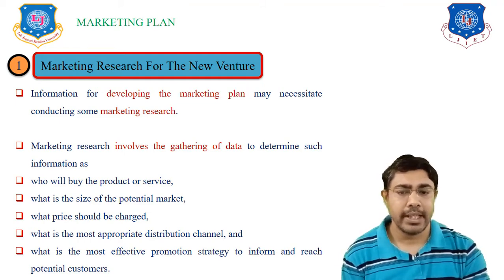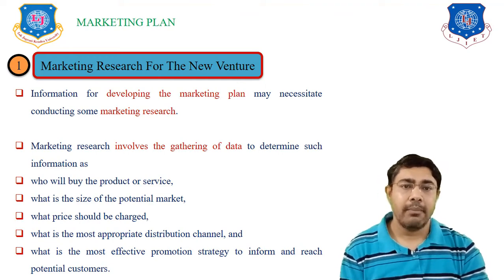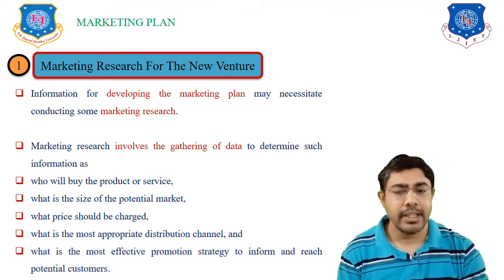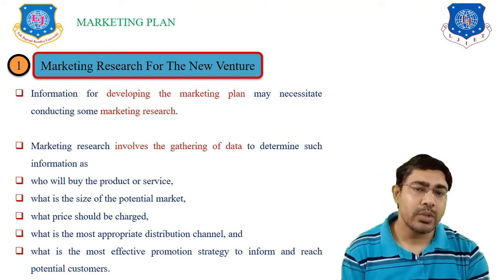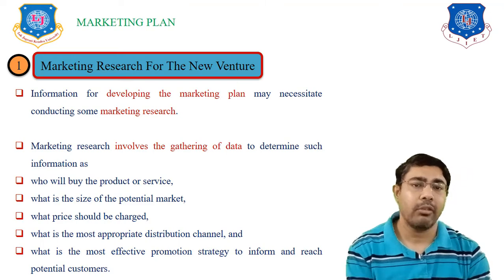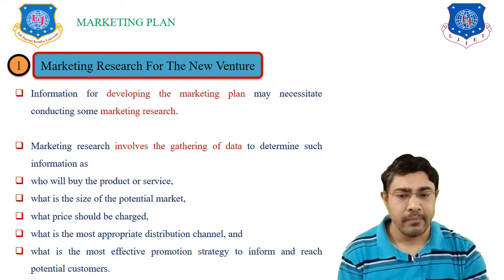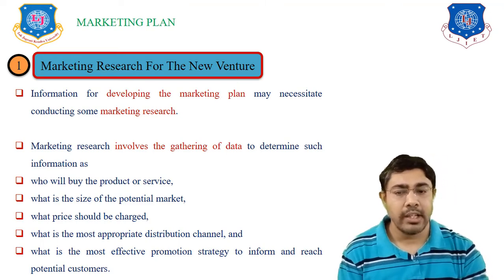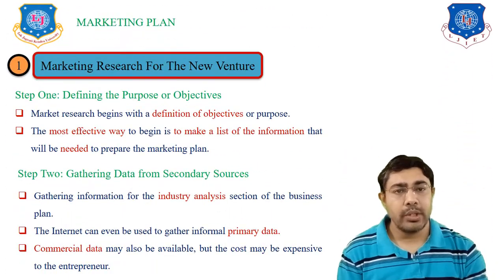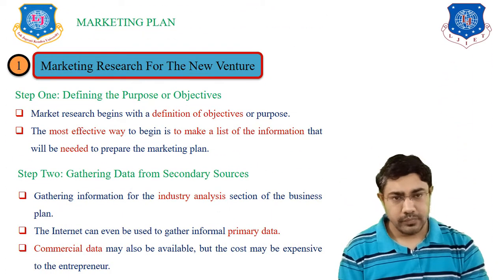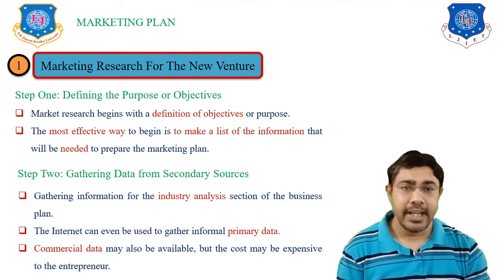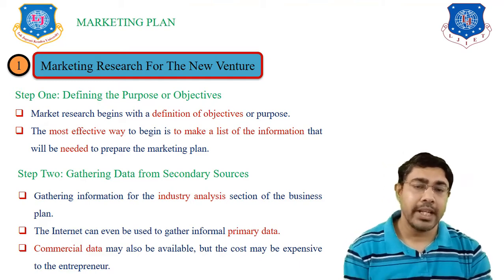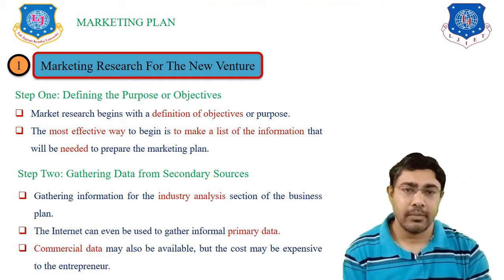To develop a marketing plan you have to do marketing research, which is the gathering of the data needed for developing it. Now the question is how to collect that data.